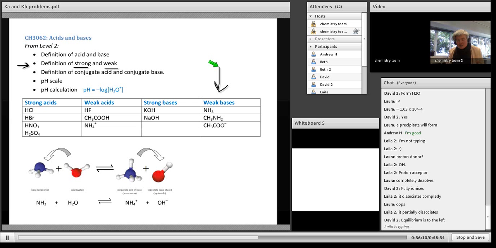If I said strong acid, you should be able to list off HCl, HBr, nitric acid, and sulfuric acid. I gave a few more in the booklet because I wasn't quite sure if they'd ever changed, like, for instance, perchloric acid. But at the moment, if they gave you perchloric acid, they would state that in the exam as it being strong. Similarly, if I said KOH or NaOH, it's expected you know they're strong bases.